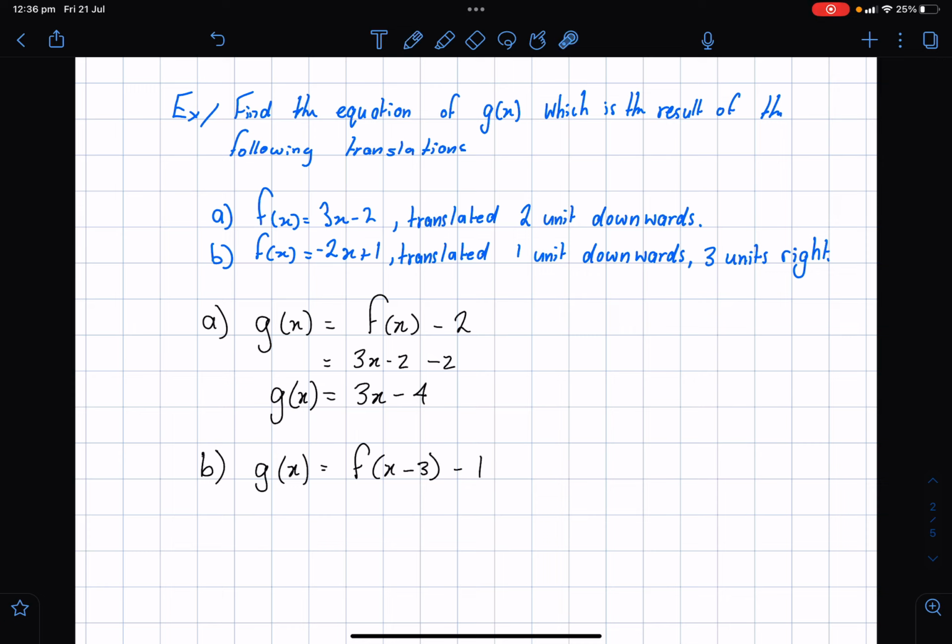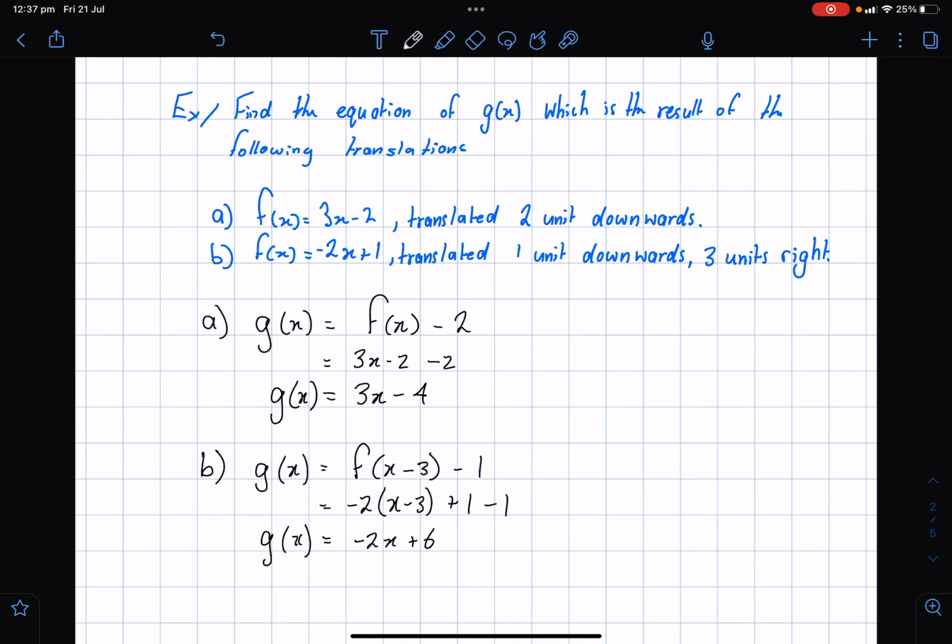Now, thinking back to our composite function work, if I've replaced x with x minus 3 here, I need to replace this x with x minus 3 as well. So this now becomes minus 2x take 3 plus 1 minus 1. Now that plus 1 and minus 1 in the end will cancel out. So I'm left with negative 2x plus 6. And that is my new function, g of x.